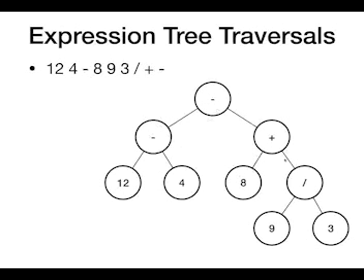Recursive calls, print 8, return, recursive call on the right, call on the left, print 9, return, print 3, return, print divide, print plus, print minus. So we get exactly our postfix notation expression. So just having the same tree and running two different traversals on it, we can get our infix or postfix notation for this expression represented by the tree.